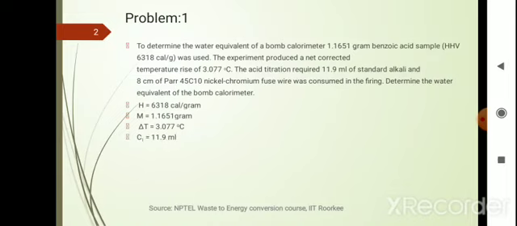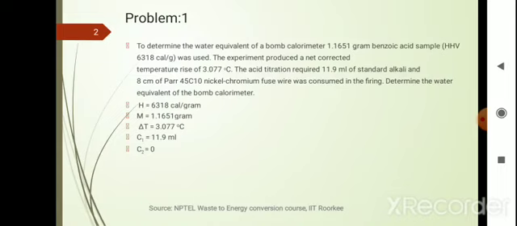And other than this we have some error corrections. The first one is the acid formation. For H2SO4 formation we titrate with the standard alkali, and that quantity is 11.9 milliliter. So C1 will be equal to 11.9 milliliter.